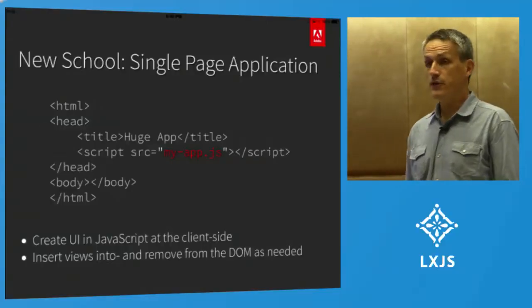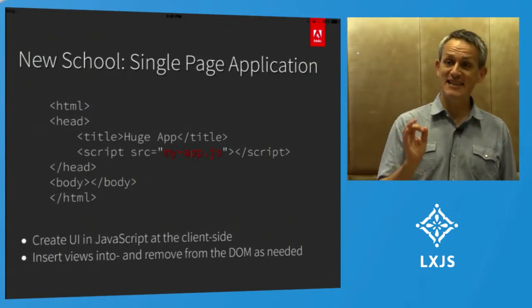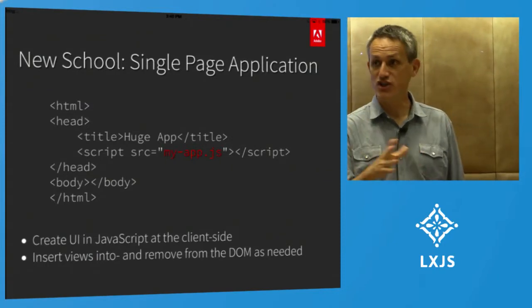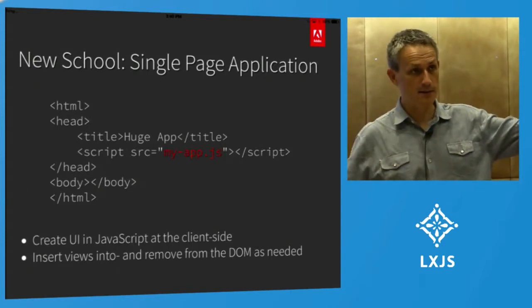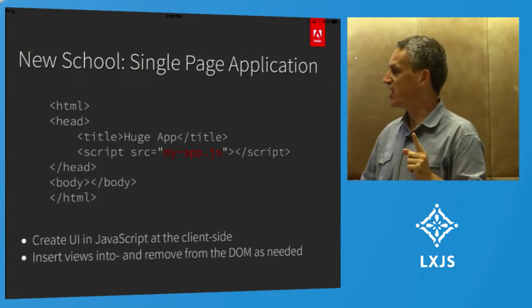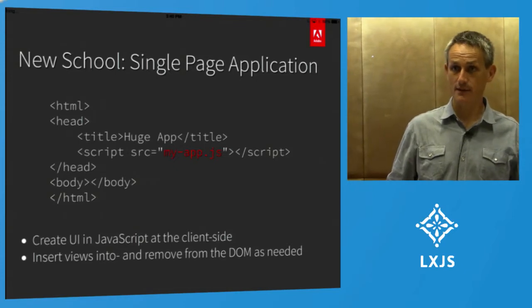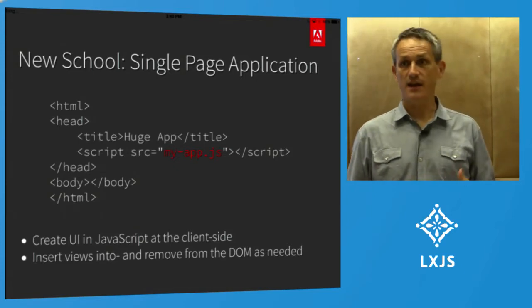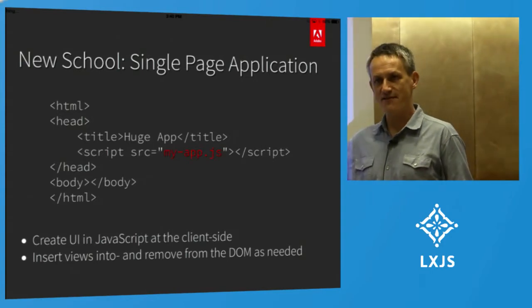If that was the old school, the new school is to do it like this, where you have a single HTML page. It's not like a bunch of little scriptlets all over the places. You have one HTML page, and it looks like this. Essentially, it's empty. You have an empty body. And that is what we call a single-page application. You obviously have some JavaScript in there.